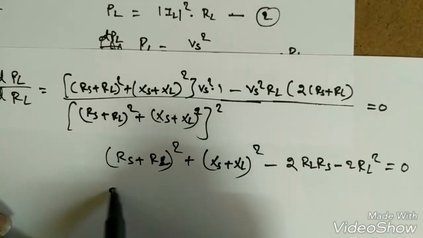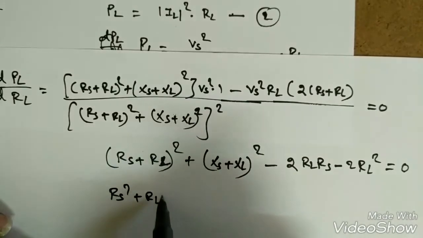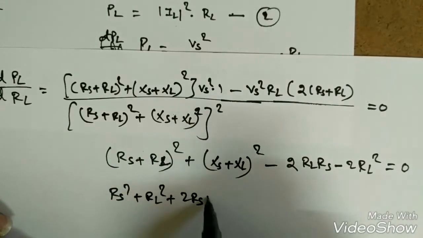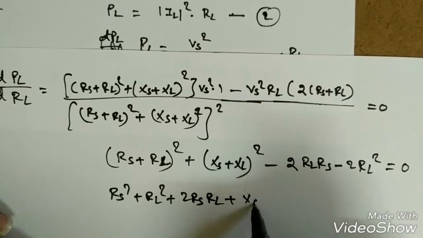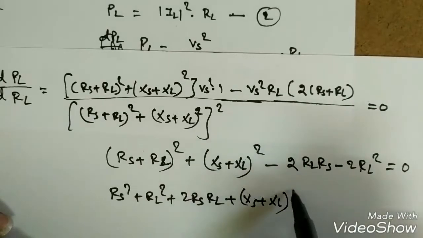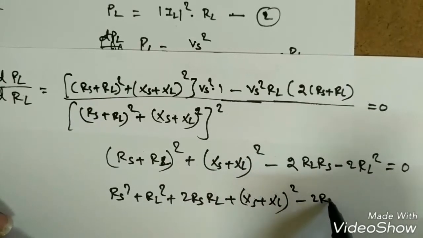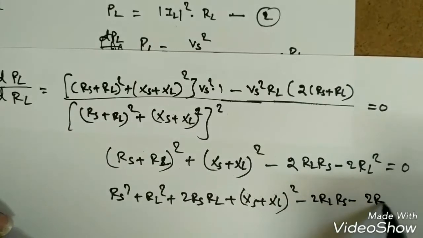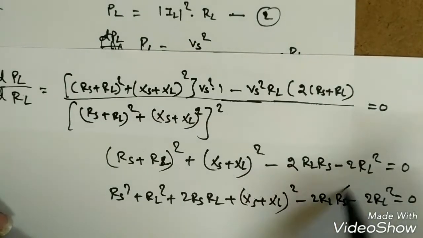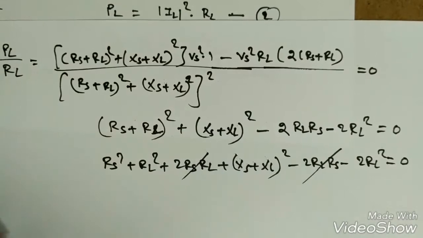So if I expand this one, Rs square plus RL square plus 2 Rs RL plus Xs plus XL whole square minus 2 RL Rs minus 2 RL square equal to 0. The 2 RL Rs terms will be cancelled.